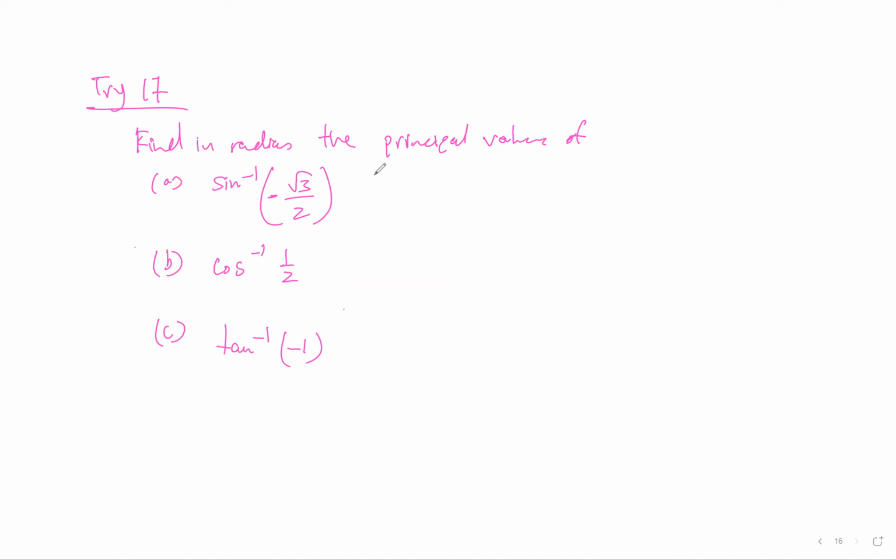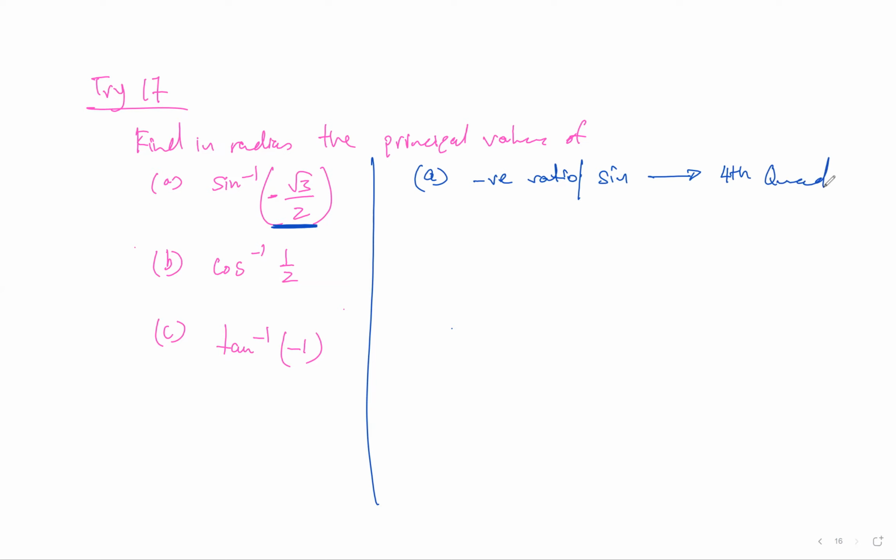Let's look at A first. First thing first, you should know that because it is negative, it is a negative ratio, and it's a sine. So which quadrant does it belong to? Fourth quadrant.